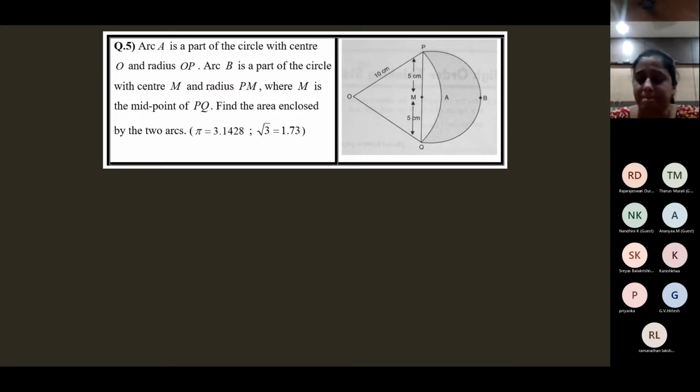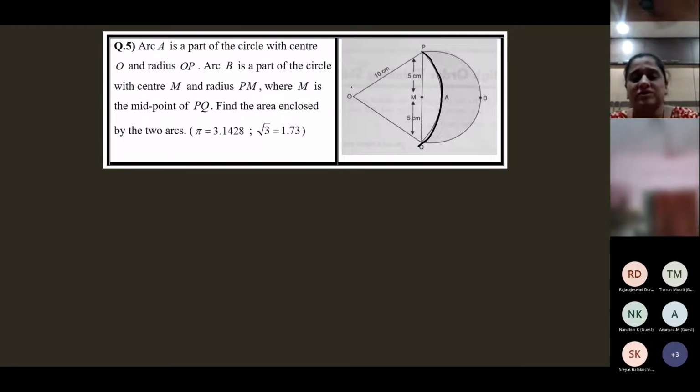Arc A. You can see here, arc A is a part of the circle with center O. This is arc A, a part of the circle with center O. So that means, see, this is the sector. O is the center. And the radius of the sector is 10 centimeters.